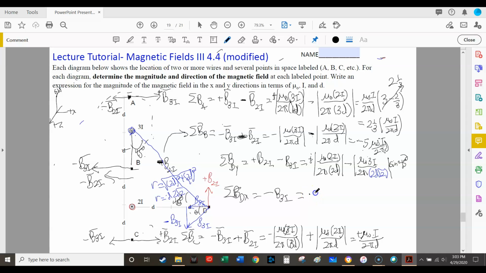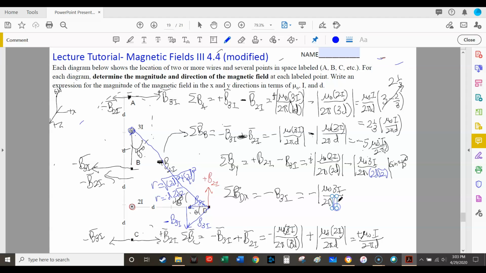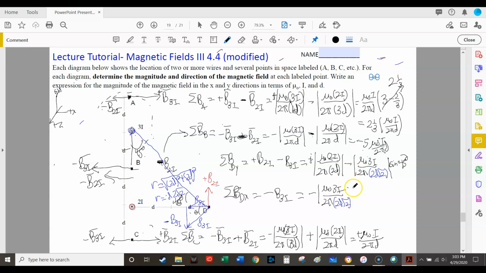And so that's going to end up working out to be the same exact part here, 2 pi, and just to be sure, I'm going to use this as 2d square root of 2, and this will be the cosine component, 45 degrees. And that'll be that part.